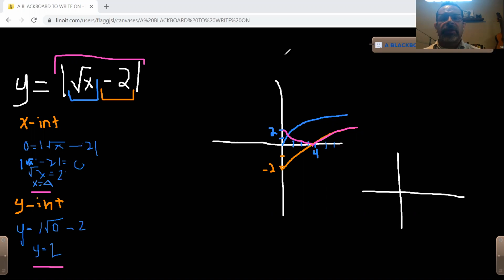In the original graph, it's going like this. What we mean when we say concave is that the curve, this part here, is going downwards, okay? And so if I want to flip that, then I have to do it like this.